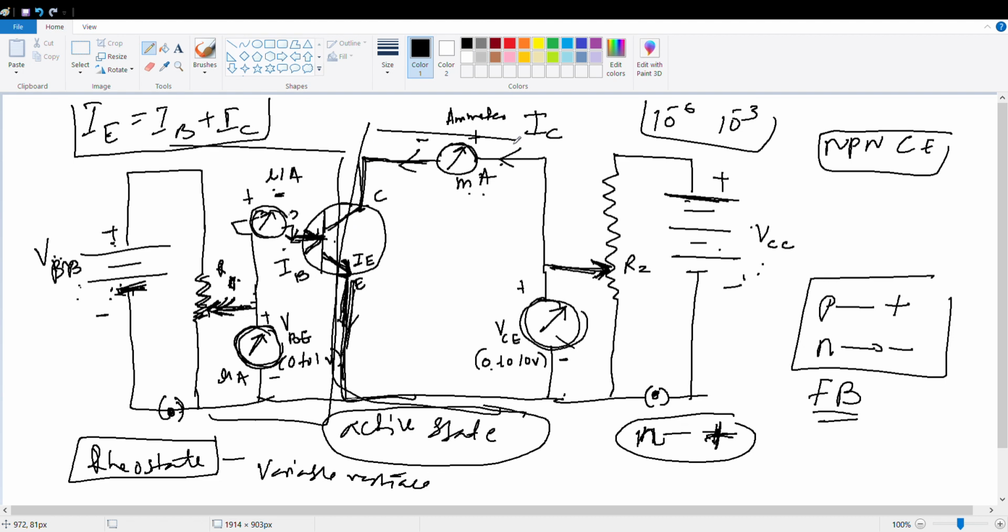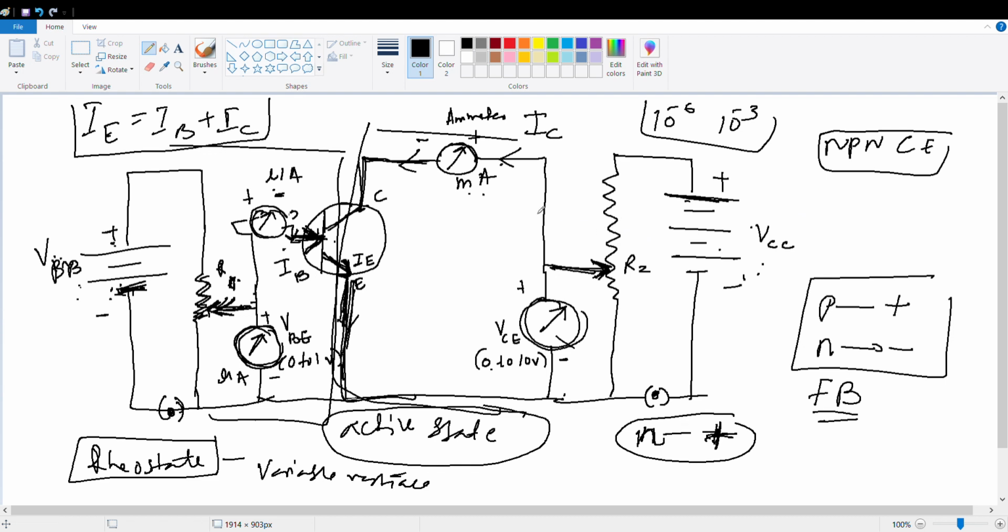So for the input part, you have to find out the variation of IB, which is given as input, with respect to VBE.